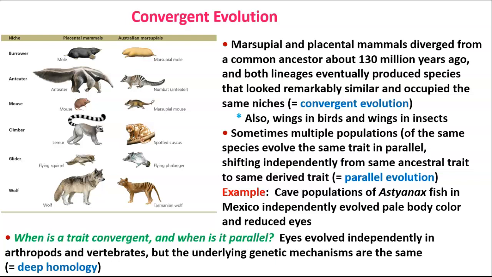So the evolution of our limbs in insects and in vertebrates, deep homology. The evolution of eyes, deep homology. Useful concept for understanding convergent and parallel evolution. So there you go. This ends our chapter on From Genes to Traits, and you can see we've traveled through many different topics and concepts here.